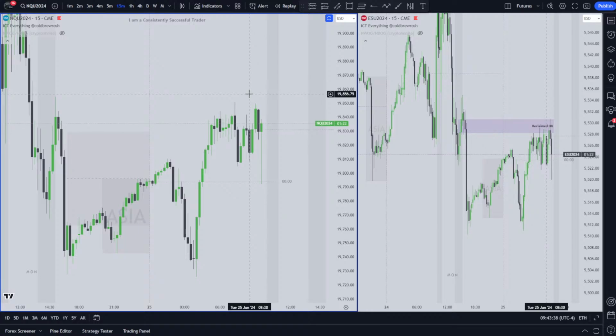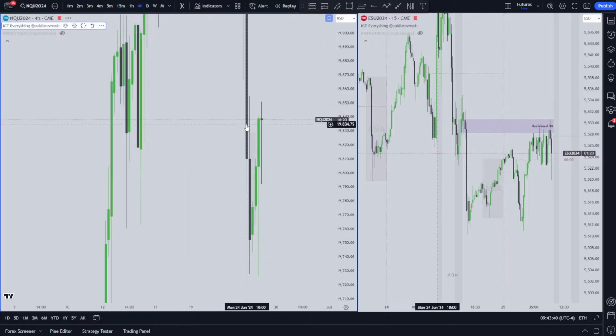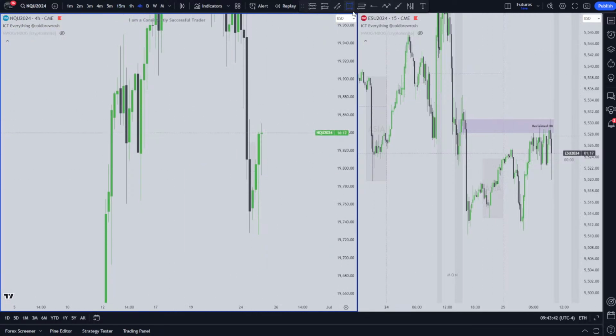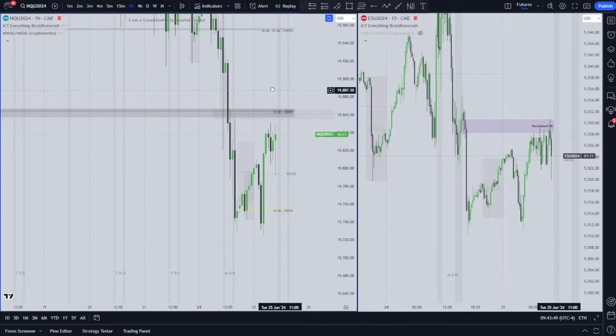Oh yeah, that's perfect. Alright, so basically all three of us are on the exact same page then. We're all looking at this 4-hour gap with the end dogs inside the reclaimed order block. Yeah, looks good.